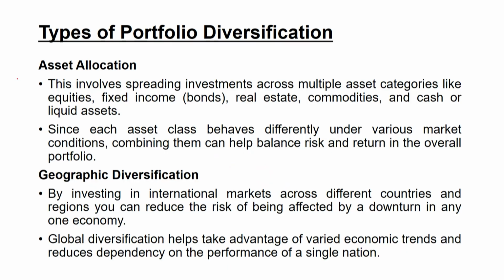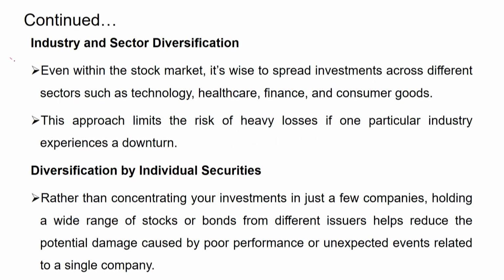The various types of strategies available to investors are asset allocation, geographic diversification, industry and sector-wise diversification of investment, and diversification by individual securities. These are the different strategies in portfolio diversification that can be followed by the investor for minimization of risk.